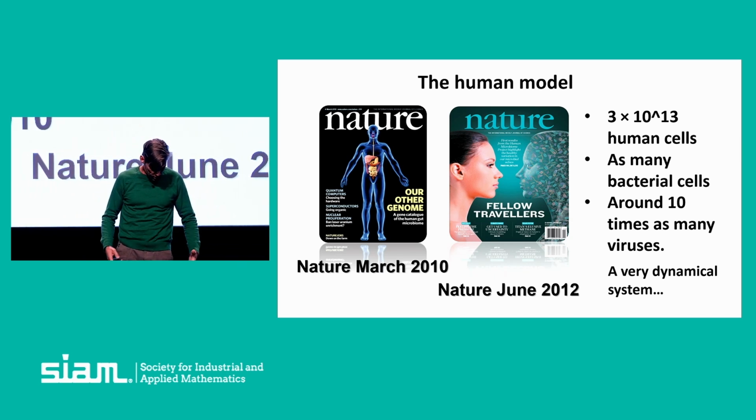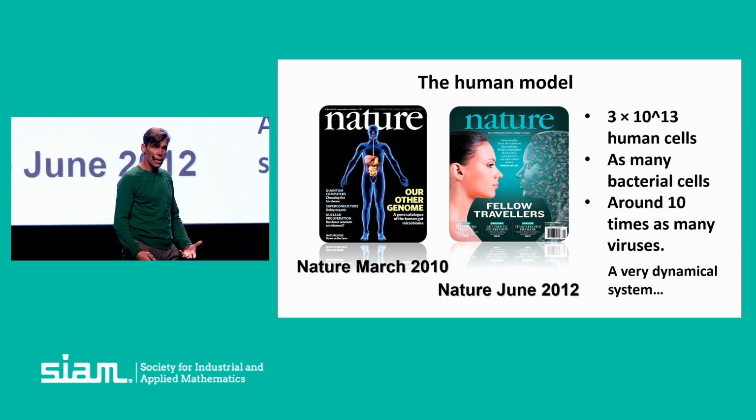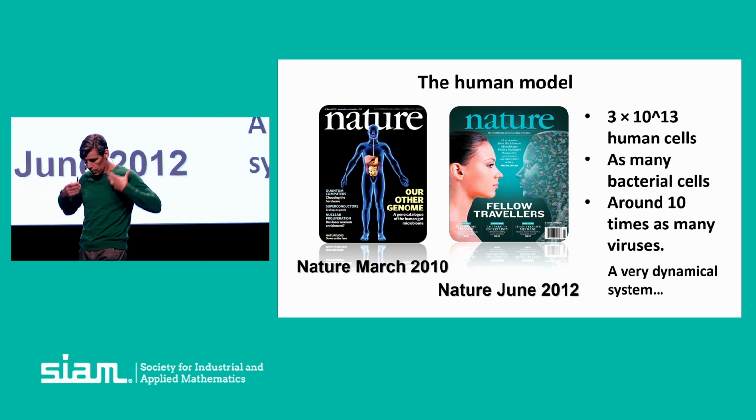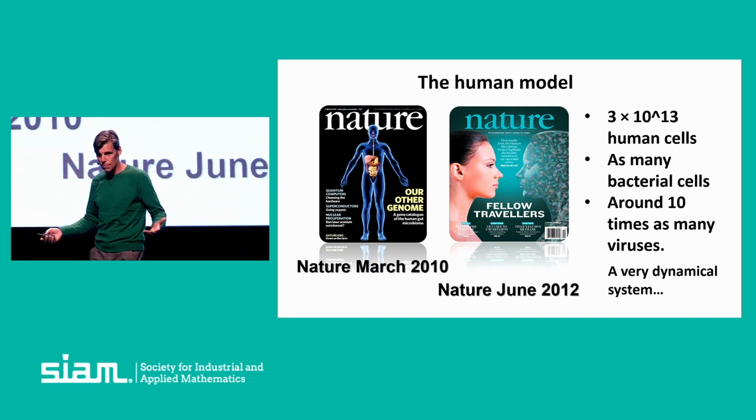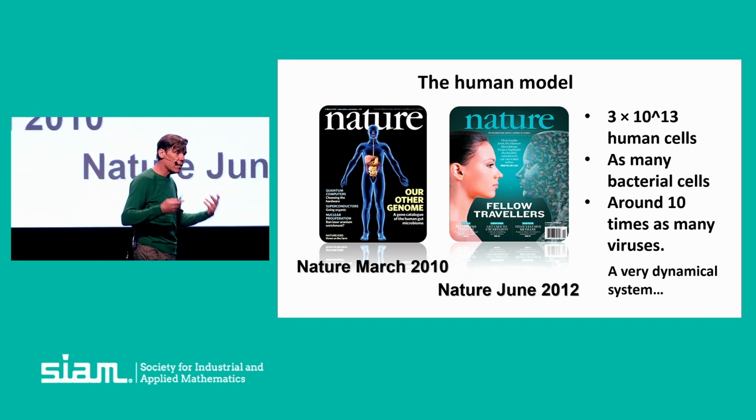On top of that, we have as many bacteria in our body, around 10 times as many viruses in our body as we sit here, stand here, and this is under normal, healthy conditions. Right? And it's very dynamic.